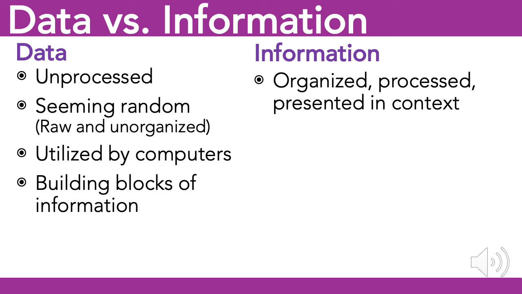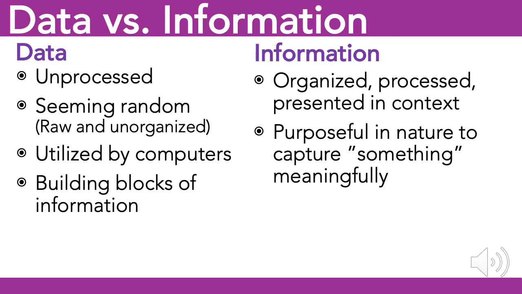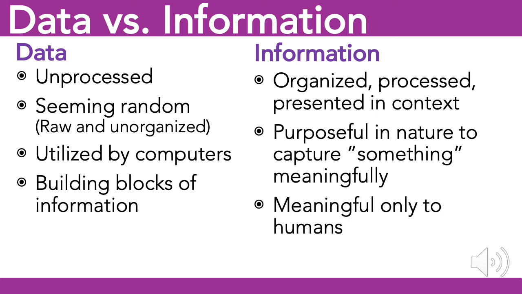Information, on the other hand, is organized, processed, and presented in some sort of context. Information is purposeful, not random, not unorganized, but purposeful, to capture something meaningfully. And when I say meaningfully, I mean to people. Information is used by people, not by machines.